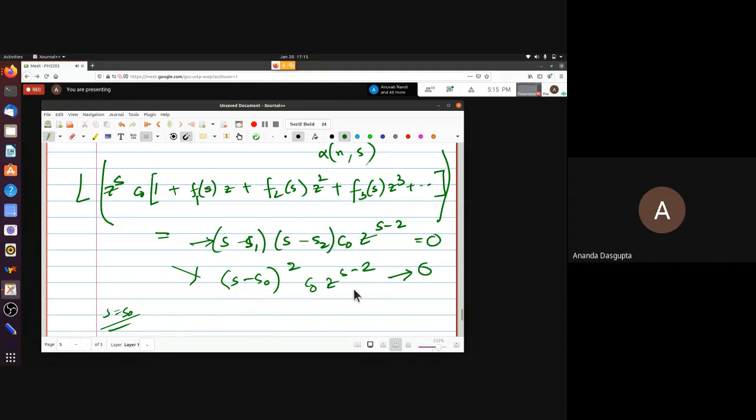What happens to the right hand side? If I partially differentiate this with respect to S and then put in S equal to S0. What happens to this?